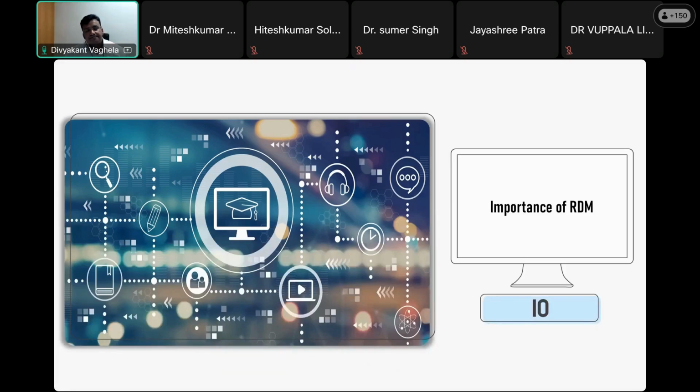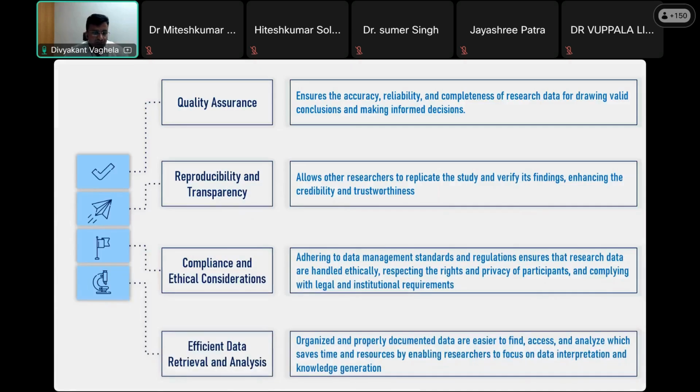Now, why is research data management important? So, the first thing is quality assurance. It ensures the accuracy, reliability, and completeness of research data for drawing valid conclusions and making informed decisions. It also allows researchers to reproduce the result findings which are already there, and it will also build trust.